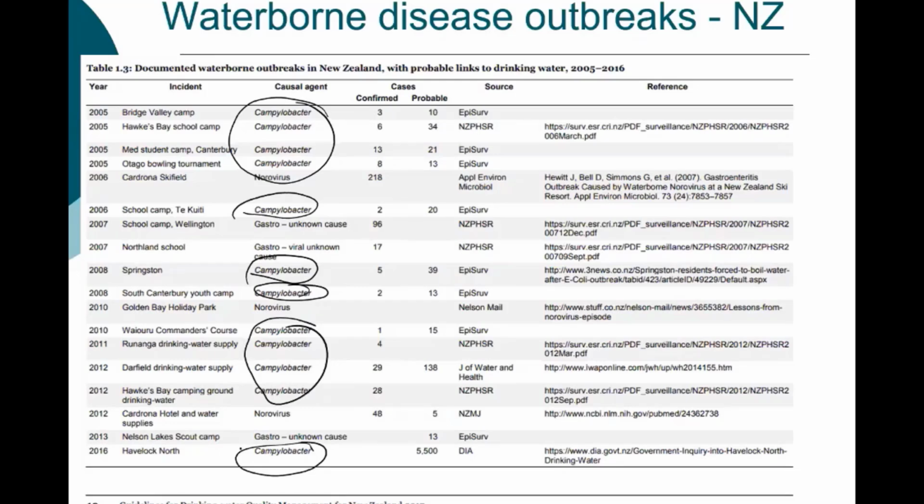In the US, it's believed to result in about 1.5 million illnesses per year. It's a gram-negative bacteria, and it's the most common cause of diarrheal illness in the US.